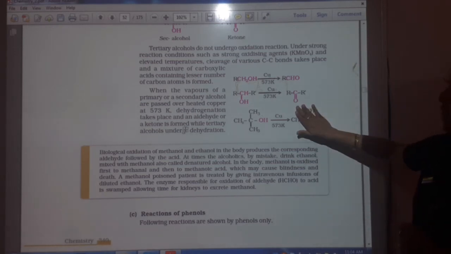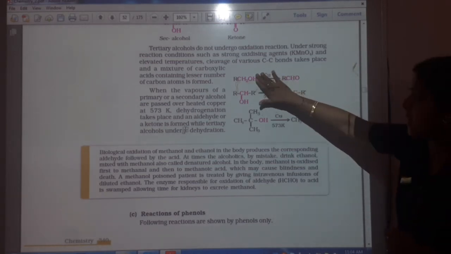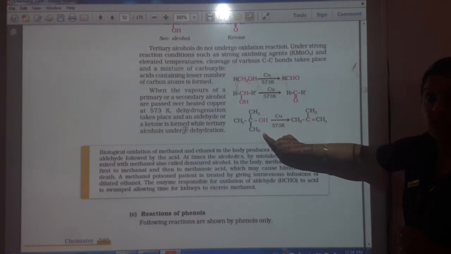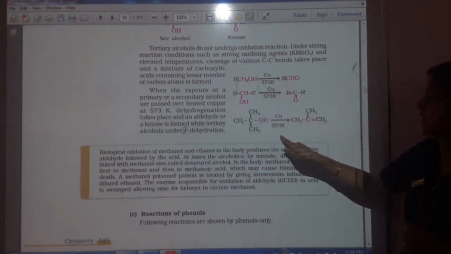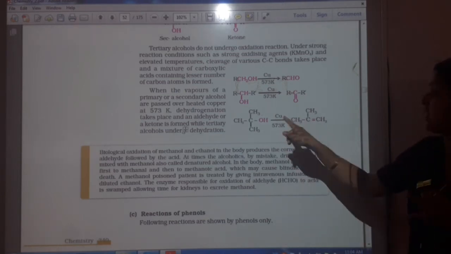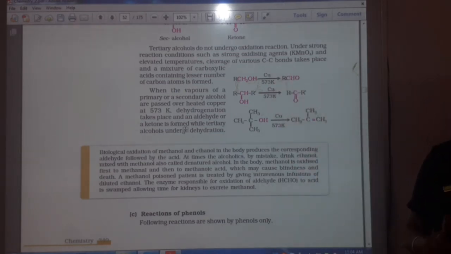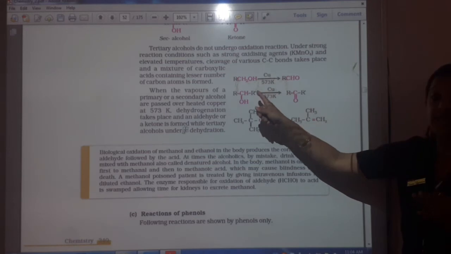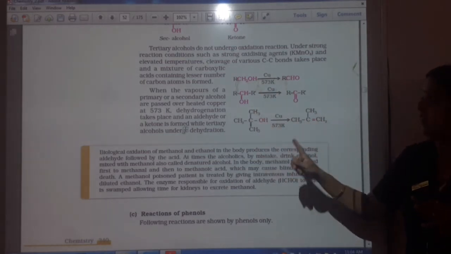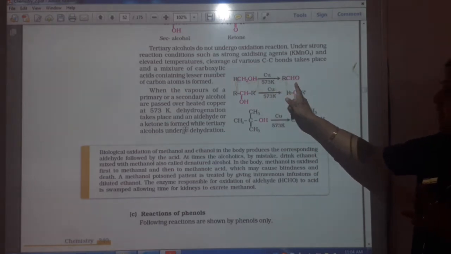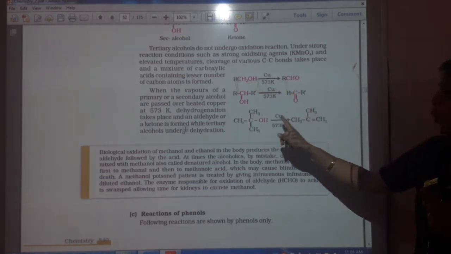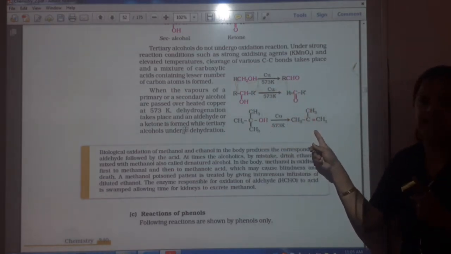Now this is very important, where primary, secondary and tertiary alcohol, when treated with copper at 573 Kelvin, the temperature and the reagent are the same. Both, that is the primary, secondary, tertiary, when they are treated with copper at 573 Kelvin, primary gives an aldehyde, secondary gives a ketone, but tertiary gives an alkene.